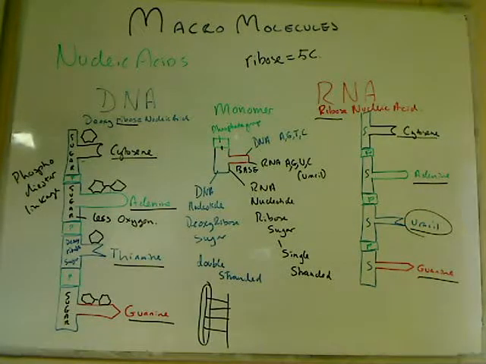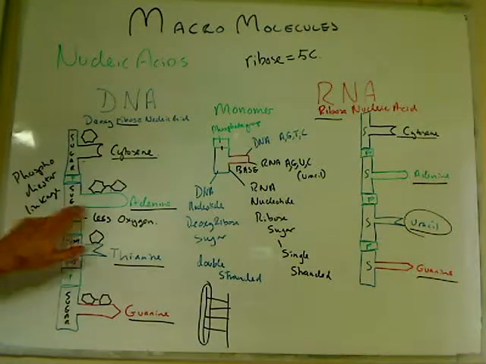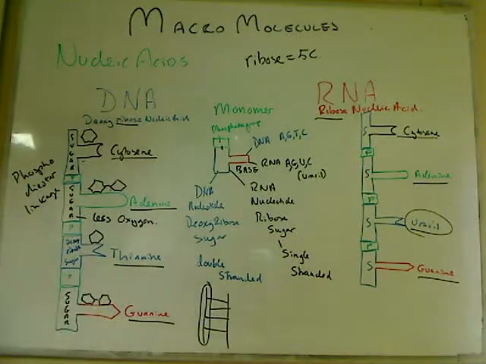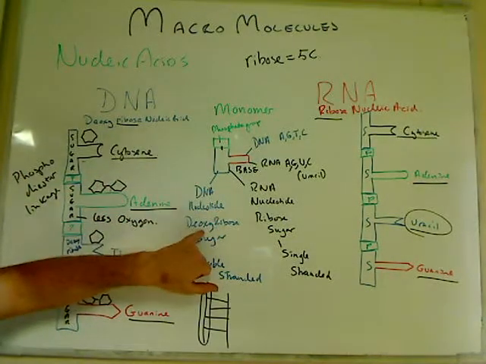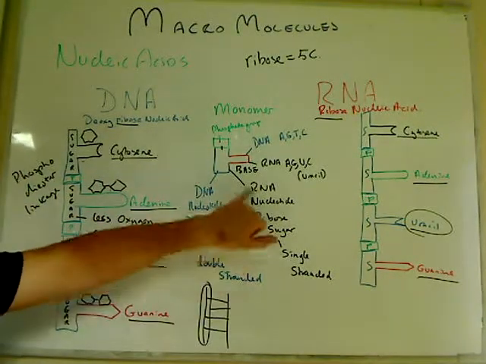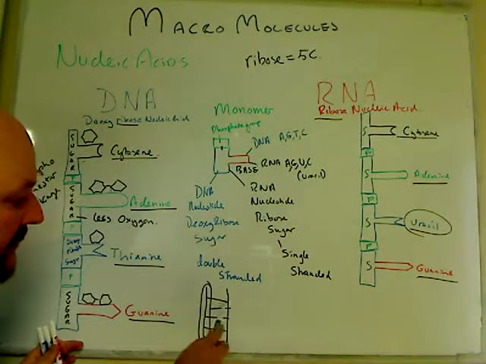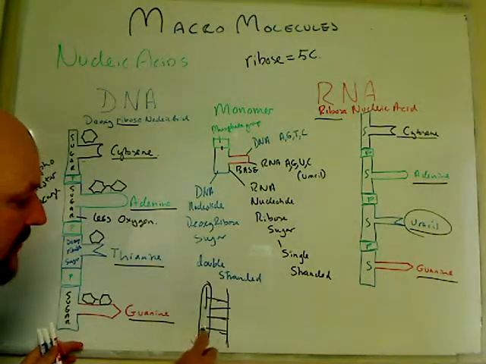So differences between DNA and RNA are quite clear. There's a difference in the sugar. This is deoxyribose, this is ribose, and I've written that here, DNA, nucleotide, deoxyribose sugar, RNA, ribose sugar. DNA is like a ladder. It is double-stranded, so you've got a side coming down here and a side coming across here.